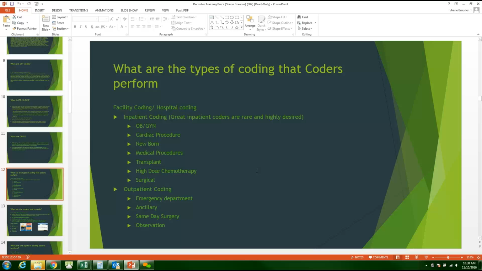These are the different areas in which they may have coded and may have experience: OBGYN, cardiac procedure, newborn, medical procedures, transplants, high-dose chemotherapy, surgical. Next is outpatient coding: emergency department, ancillary, same-day surgery, and observation.